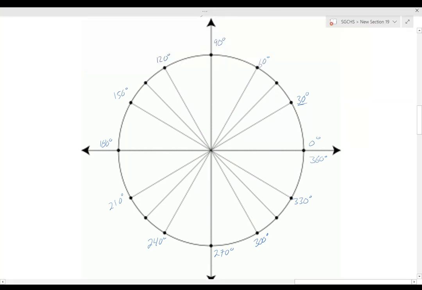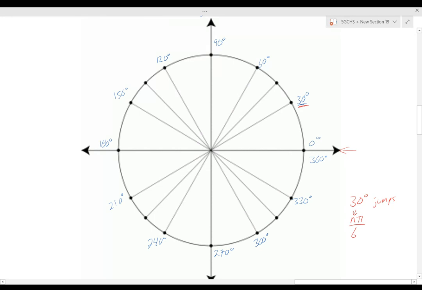Now, how does that relate to radians? Well, remember, when you go up by increments of 30 degrees, in radians, 30-degree jumps are shown by n pi over 6, and that n is how many jumps you made from the positive x-axis.